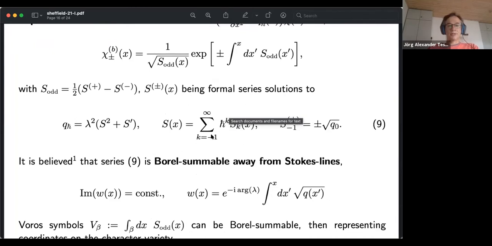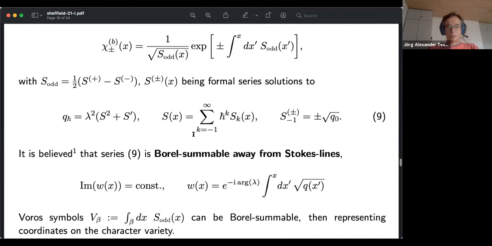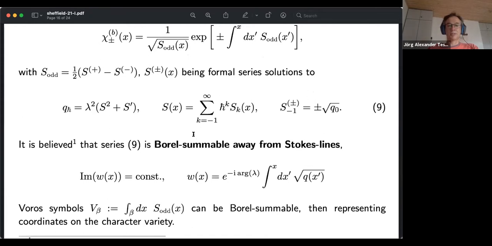So this defines a formal series. It's basically a straightforward exercise that you plug an ansatz of this form, written here in equation 9, into the Riccati equation. Well, Nikita probably has explained it better than I can do it here.